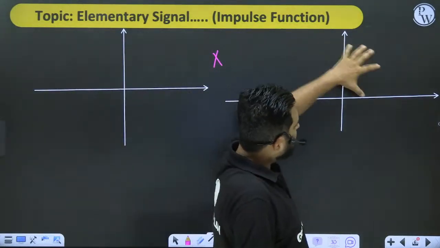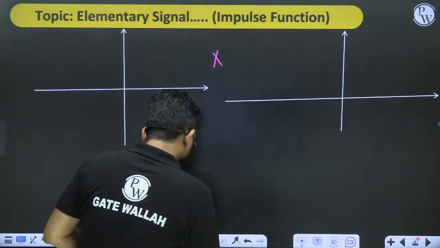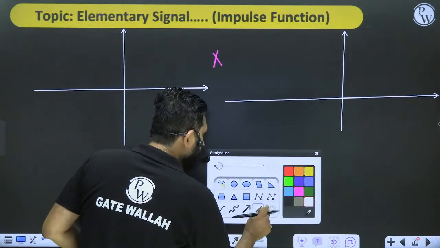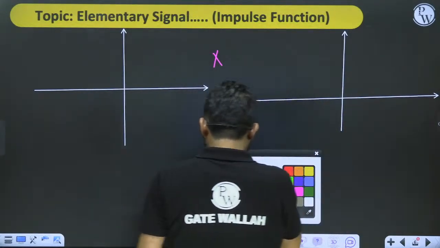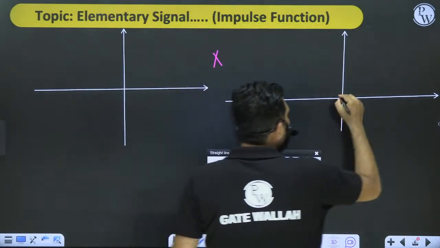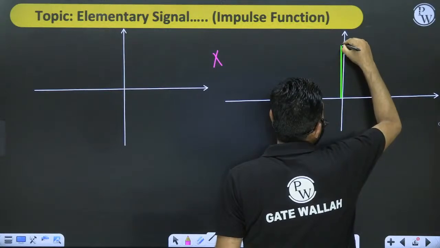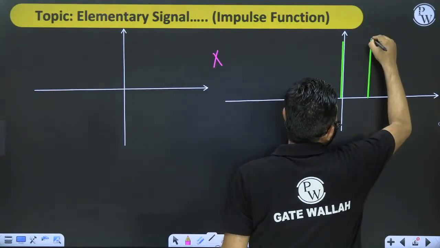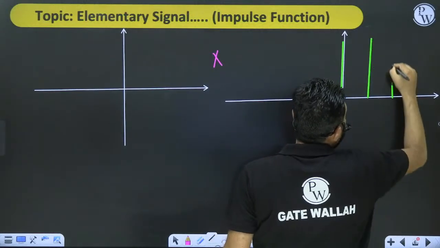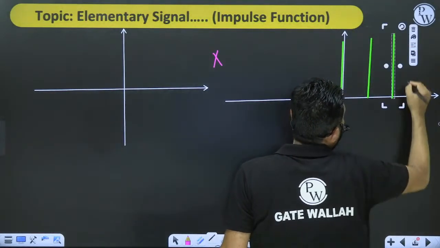So what I am saying is that this is the impulse here. The impulse is present at each and every point. See here, the impulse is present here, here, and here, and here.